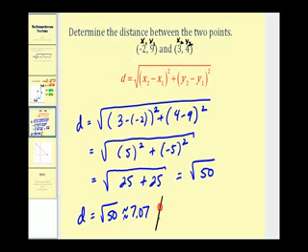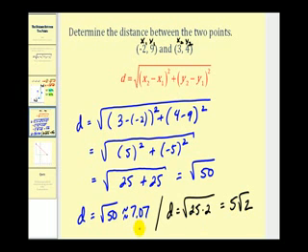However, if your instructor wants you to write this in simplified radical form, remember you can rewrite 50 as 25 times 2, well, the square root of 25 would be 5, so the simplified radical form for the square root of 50 would be 5 square root 2. And again, it just depends on what class you're taking and in what form they want the answer. This is simplified radical form, and this is the decimal approximation.